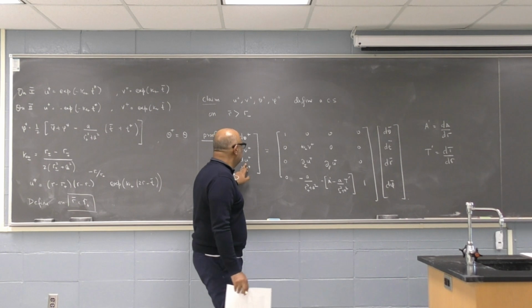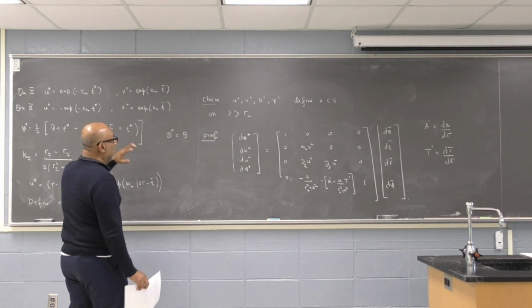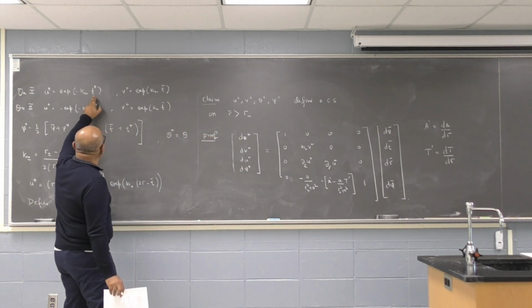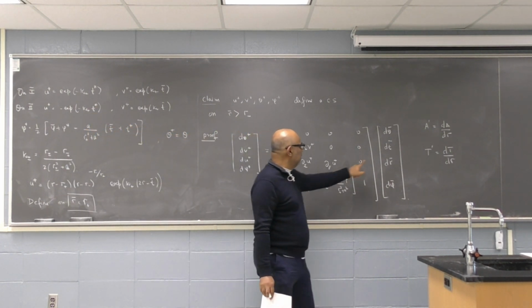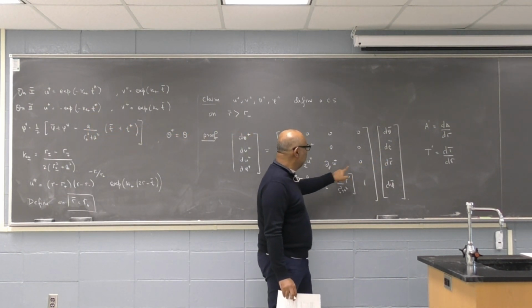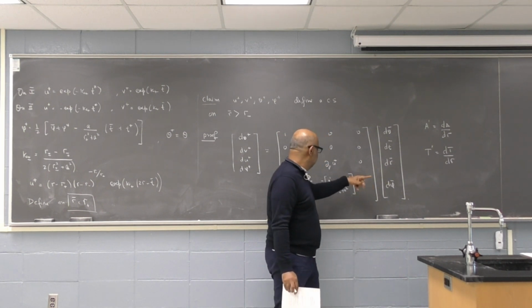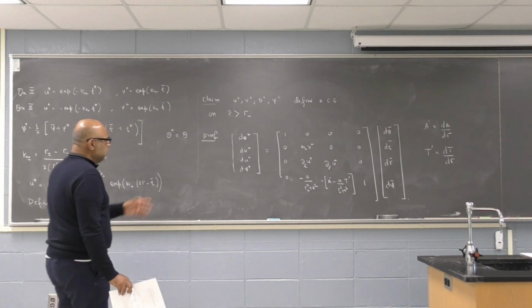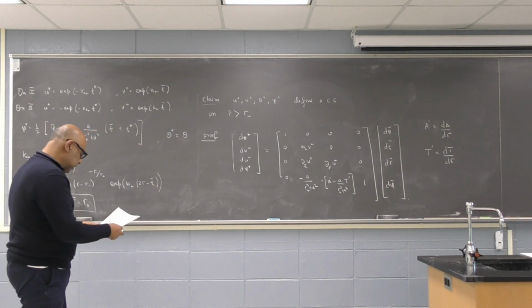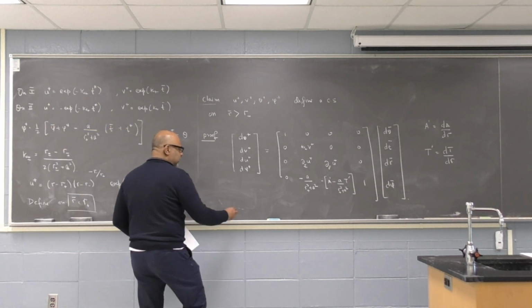And so u is a function in bar coordinates of t bar and r bar. So it's t bar here for that, r bar over here for the dr coefficient, and 0. And this thing we just carry through. This is the Jacobian.